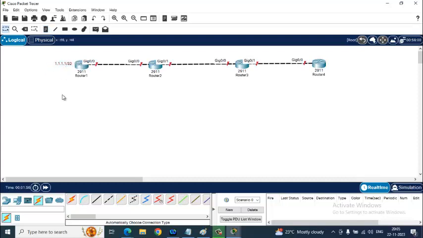Then we're going to have a network in between. Let's say I have 10.12.0.0/16. Is it classful or classless?